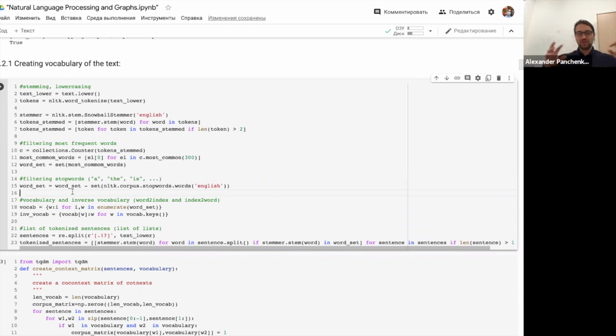And then what we might expect is that different words co-occurring with control in different senses are going to be separated. Let's say we have control like in dynamic system control, and words like dynamic system or its synonyms will be grouped together, and the words related to management or something like this will be grouped together.